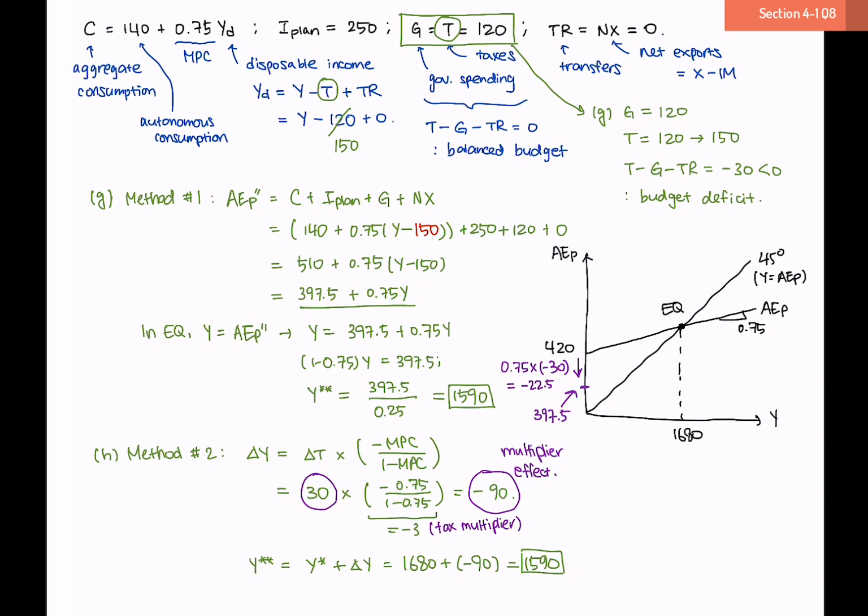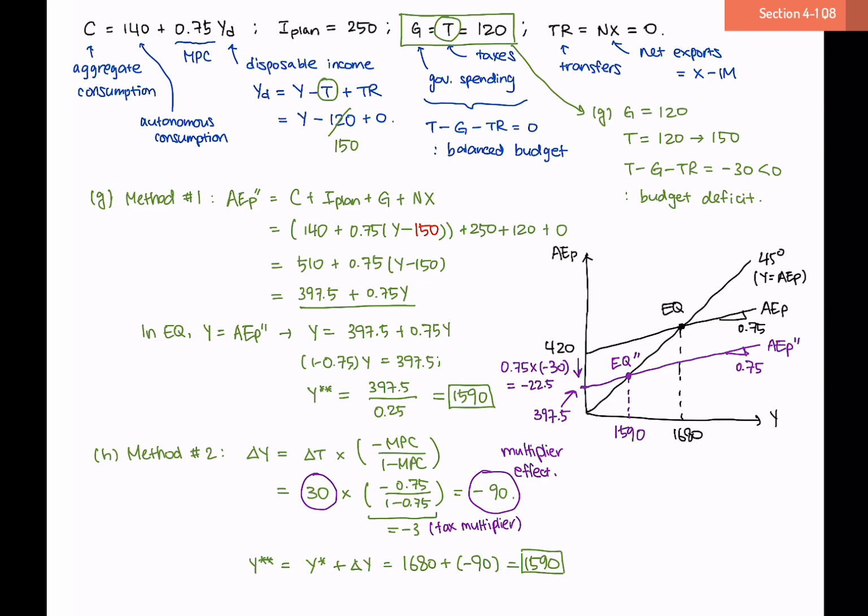And after that, it's the same. We still have the same MPC of 0.75. And so we see a parallel shift of the planned aggregate expenditures downward. Graphically, we can already see that our new equilibrium output is going to be lower. And we already found that the new equilibrium output is at 1590.